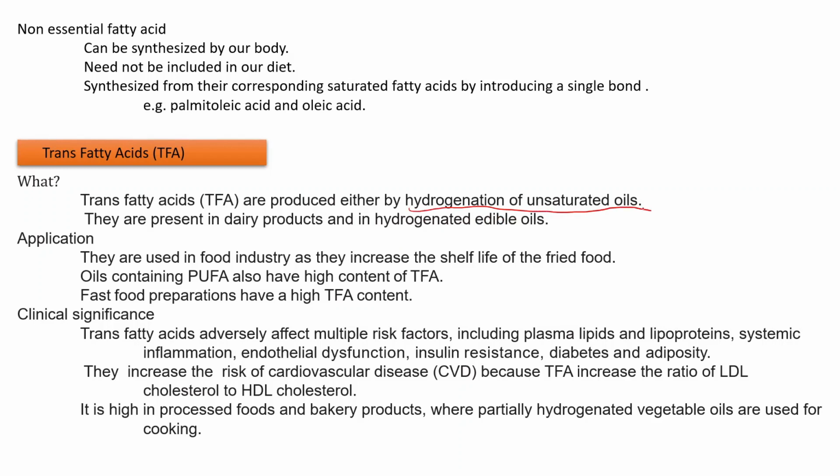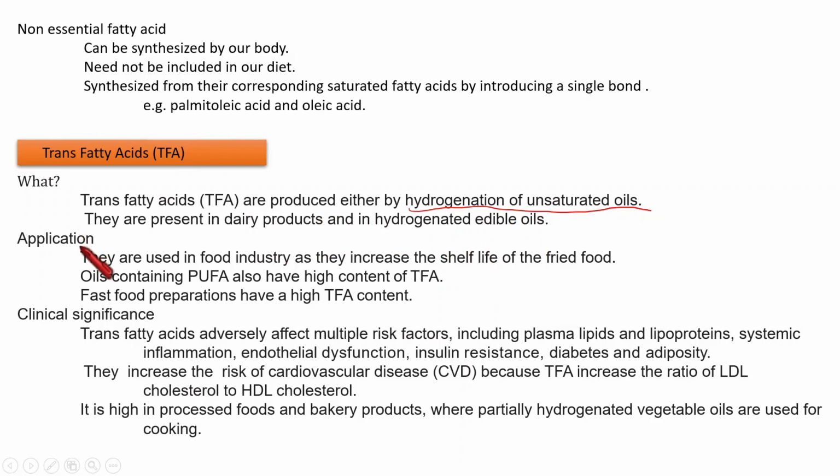Hydrogenation is the reaction of hydrogen with some compound; it is another form of reduction reaction. So hydrogenation of unsaturated oils creates these trans fatty acids, and they are present in dairy products and also in hydrogenated edible oils.